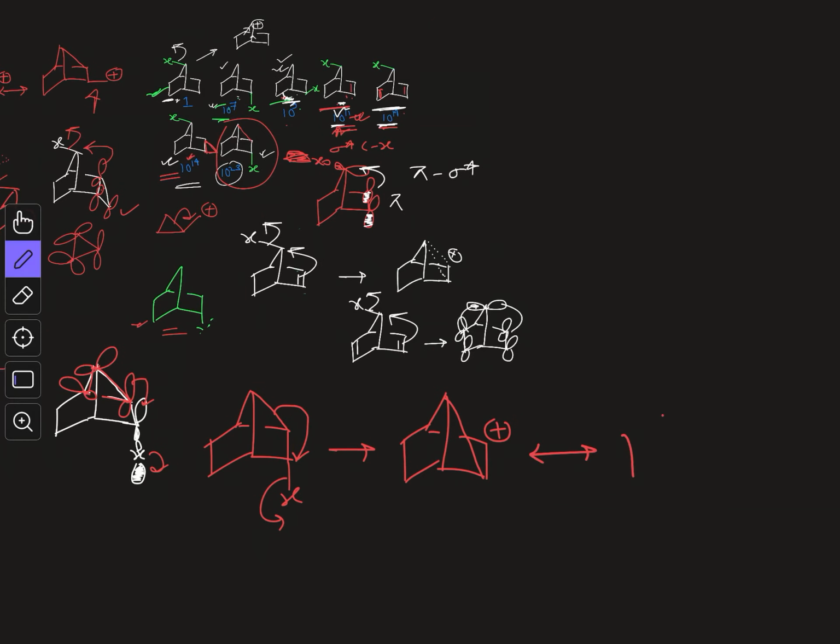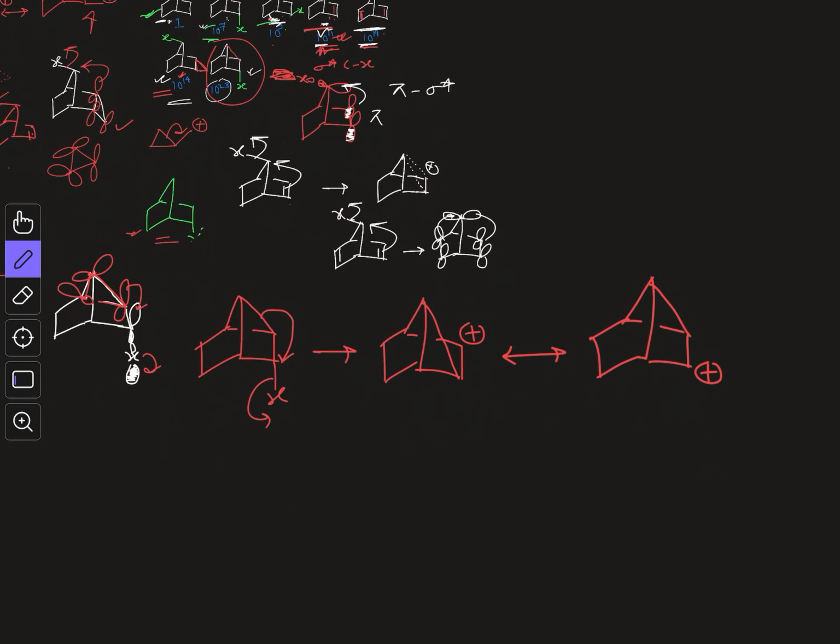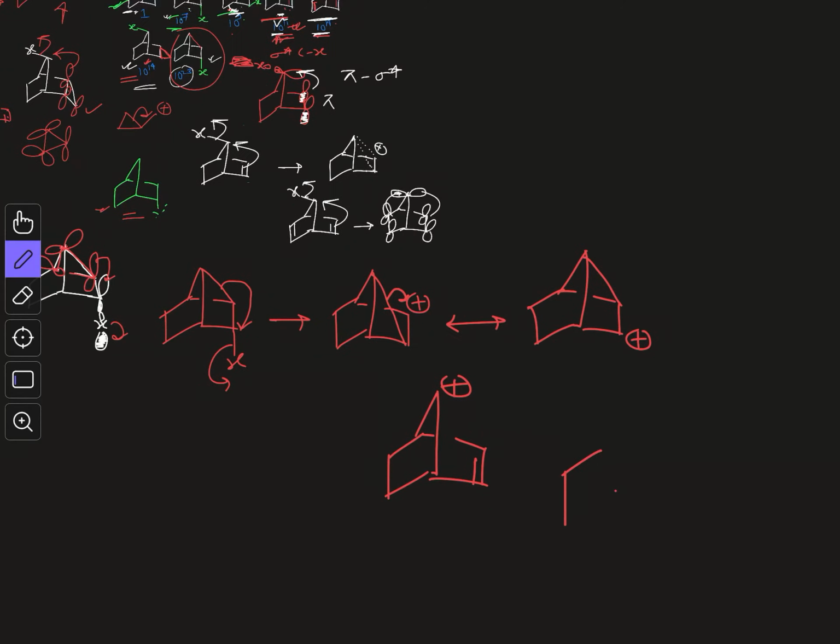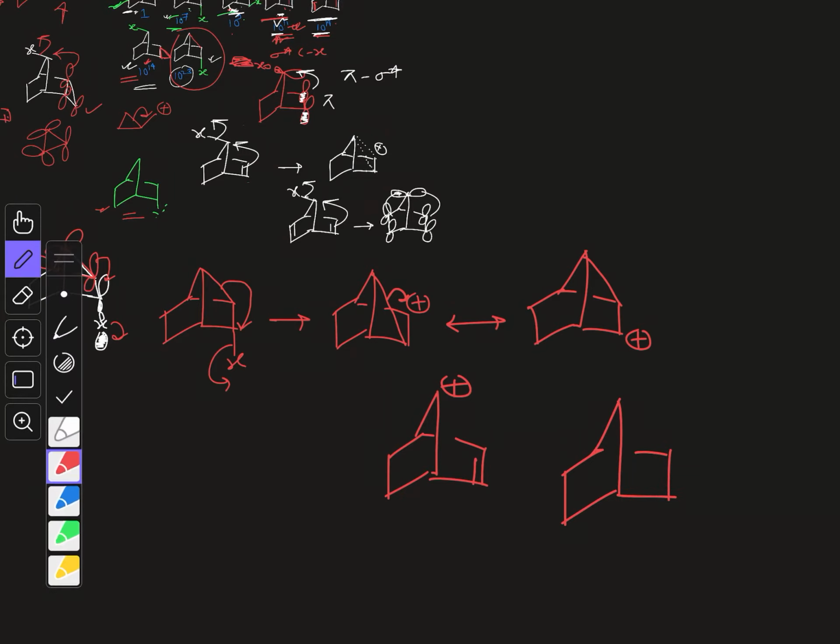Another resonance canonical form would be this one, and another form we can draw is very interesting. You can also represent it by pi bond over here and positive charge over here, because if this bond goes this side, you will get this. So it is the same as the first one, a resonance hybrid structure, a non-classical bridging carbocation like this.